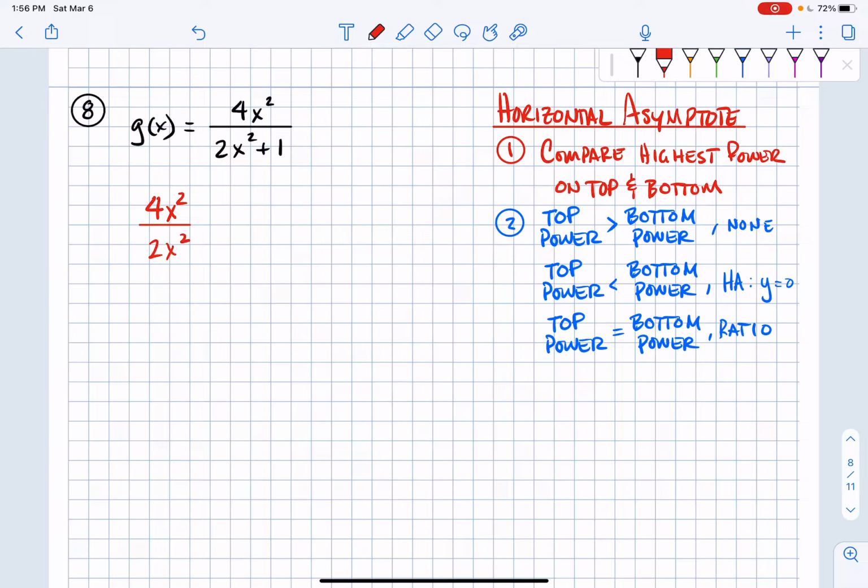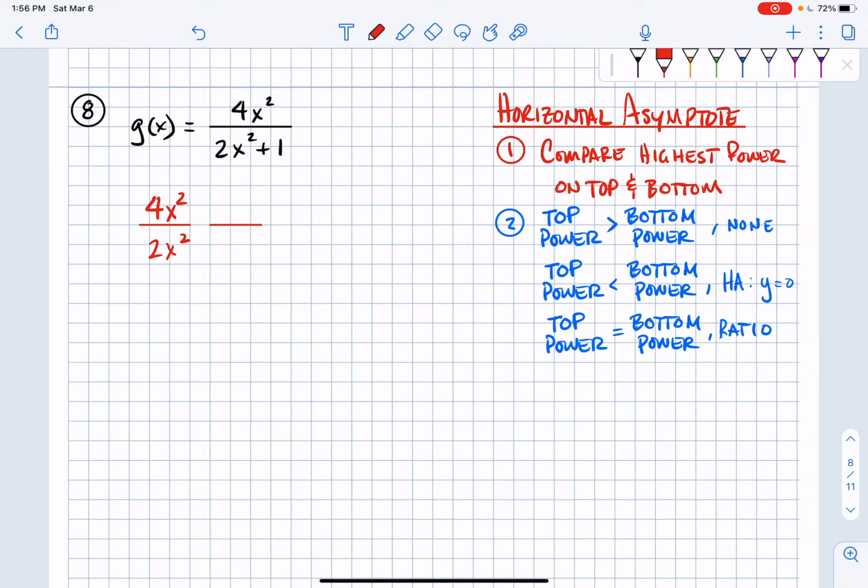If the top power is larger than the bottom power, then there's no horizontal asymptote. If the top power is less than the bottom power, then the horizontal asymptote would be y equals 0. And if the top power is equal to the bottom power, then it's going to be the ratio of their coefficients.